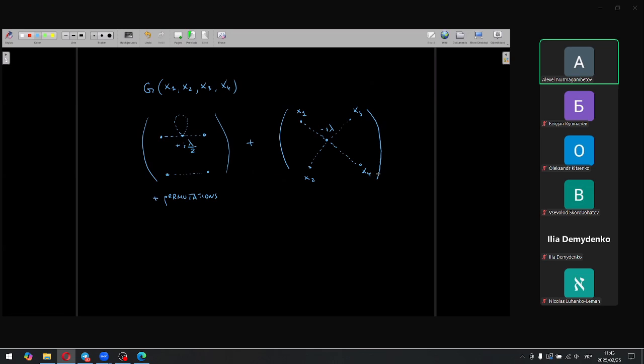So this is the main result, at least at the first order of the perturbative expansion over the small coupling constant lambda.